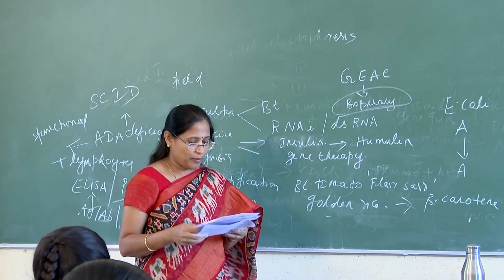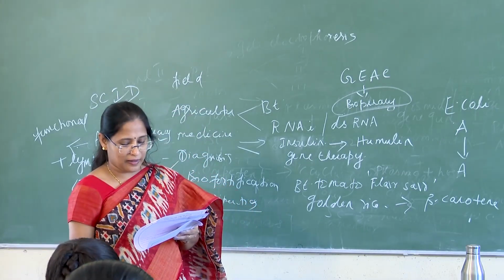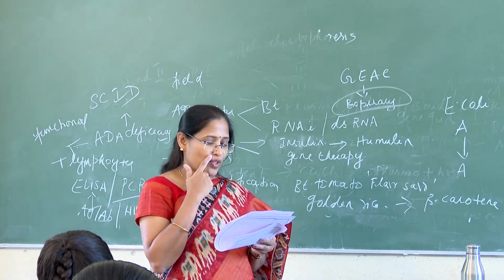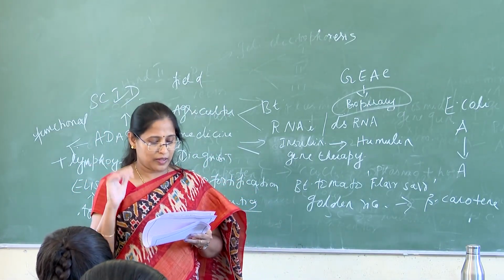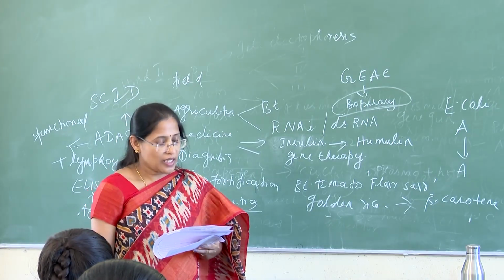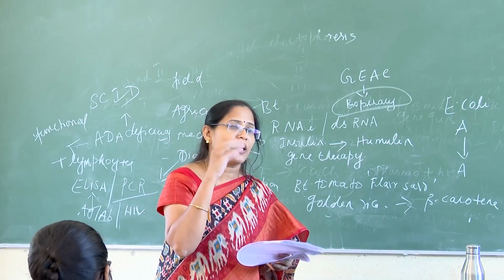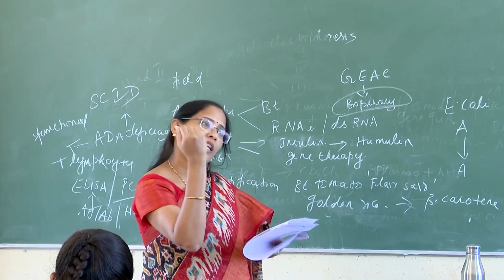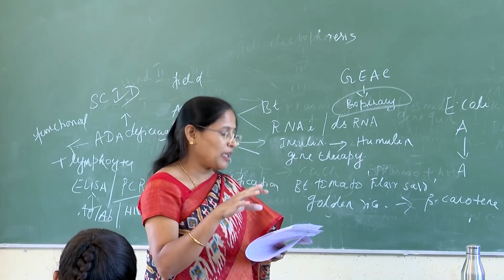Okay, now again, match. Bioreactor: production of large quantity of products. Then electrophoresis: separation of DNA fragments. PCR: amplification. See, this PCR and gel electrophoresis, if you consider, are techniques. Wherever you want to separate DNA, you can use electrophoresis. Got it? Similarly, PCR also.